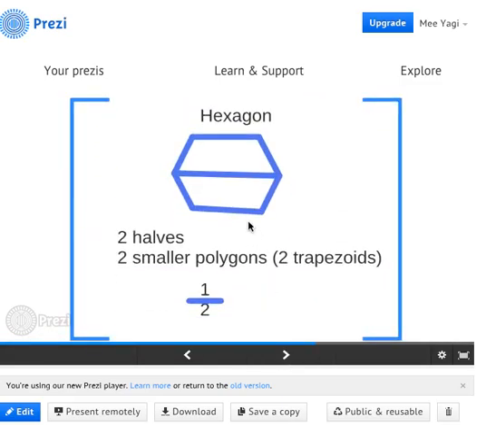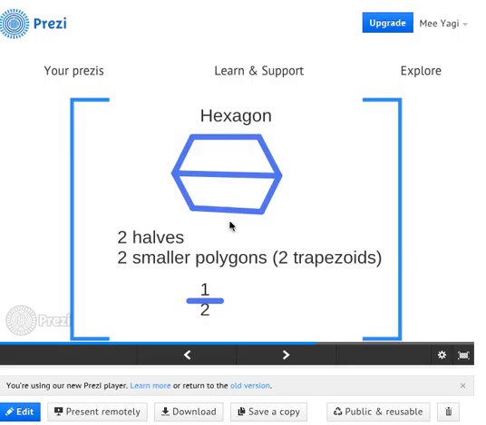Let's take a look at the hexagon. If we divide it in half across, we're creating two smaller polygons that are of equal shape, and we see that we have two trapezoids. Again, one trapezoid would represent 1/2.